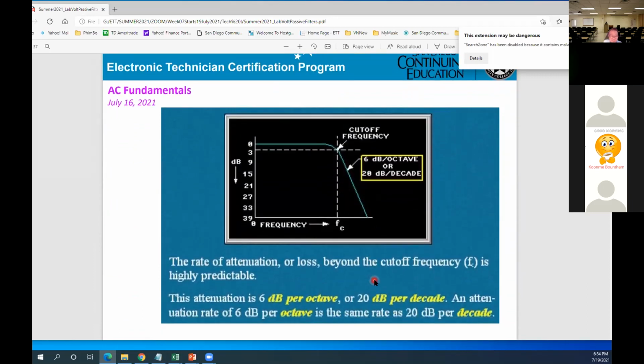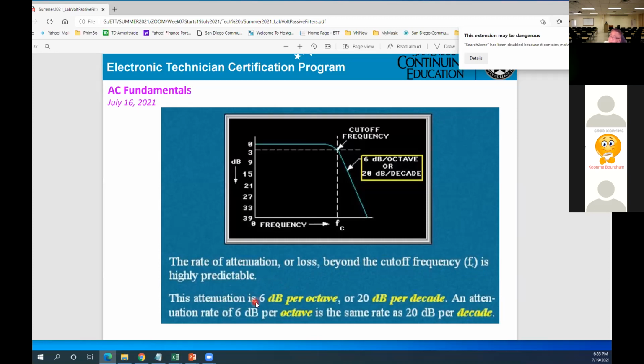That is the last one I want to talk to you about today. It is the same thing here. We already saw that the rate of attenuation or loss beyond the cutoff FC is highly predictable.